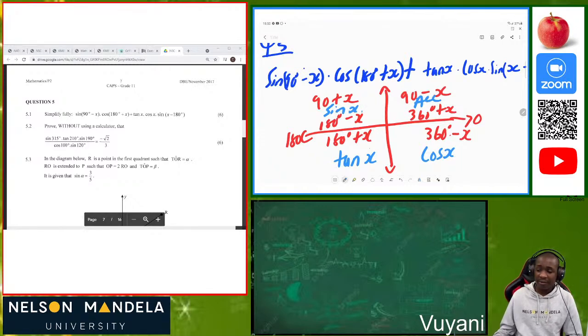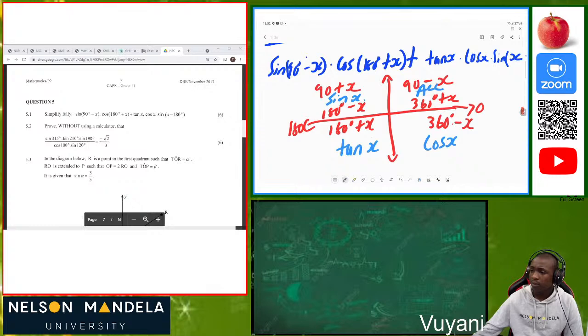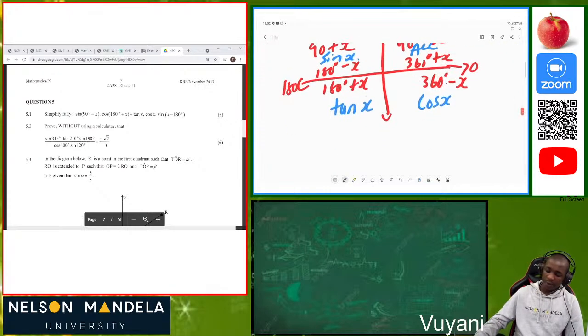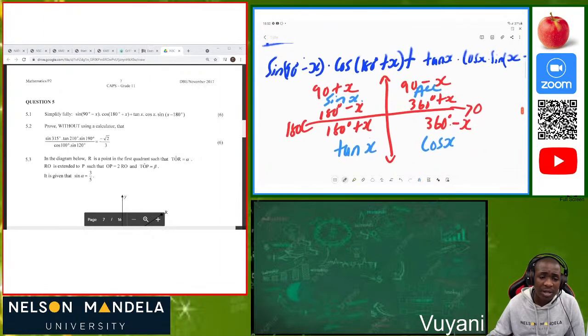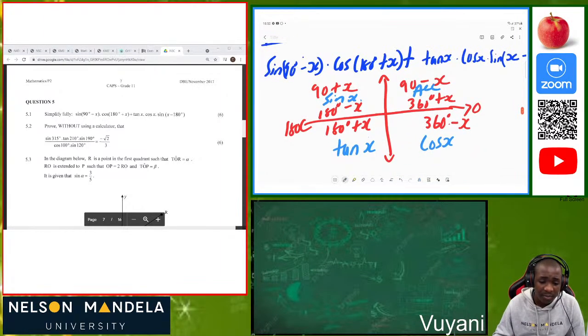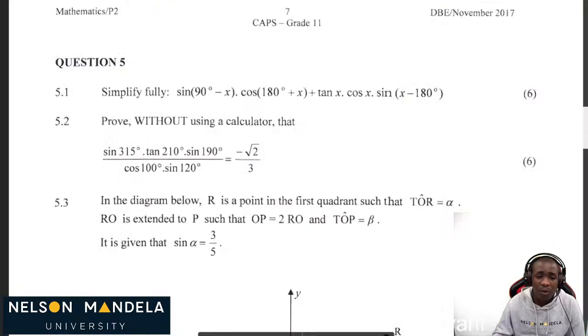So now we are simplifying our question. They're saying simplify fully sine of 90 degrees minus x times cos of 180 degrees plus x plus tan x times cos of x times sine of x minus 180 degrees.